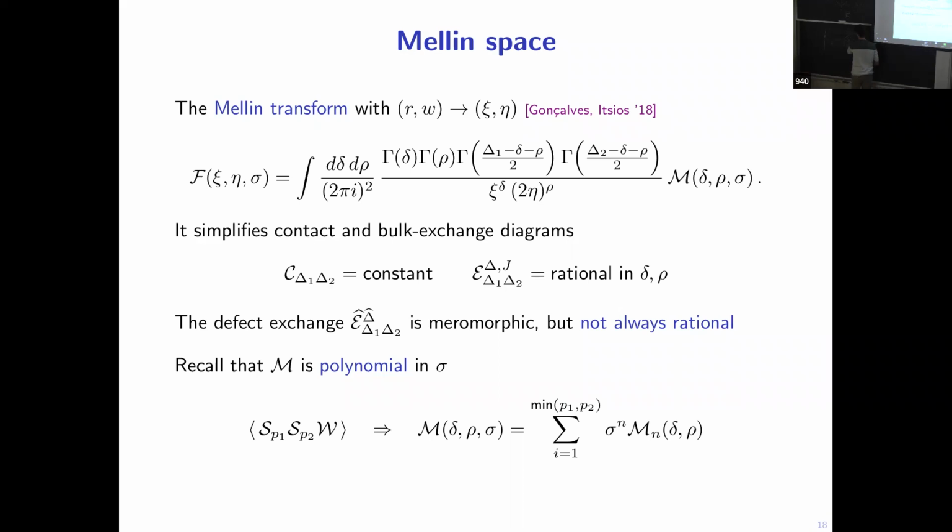Coming back to this picture I was showing before, basically the only thing that changes between Euclidean and Lorentzian signature is the interpretation of these cross-ratios. In Euclidean, we can think of these as complex coordinates, like r e^{iφ}, where r and φ are real. But in Lorentzian signature, you have t and t bar, which are real and independent.